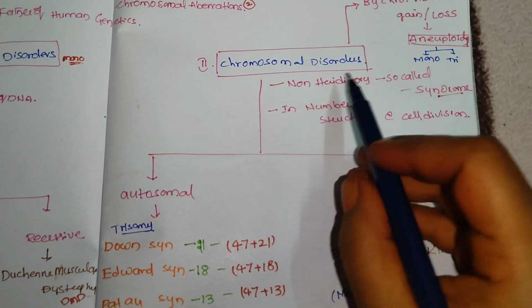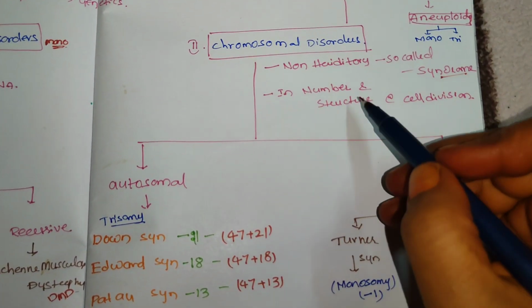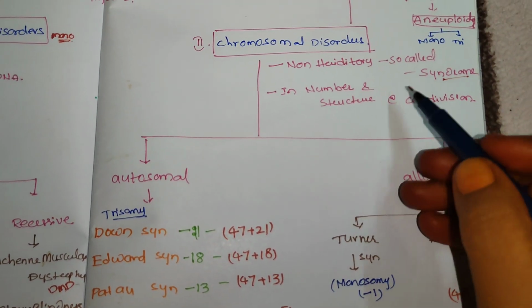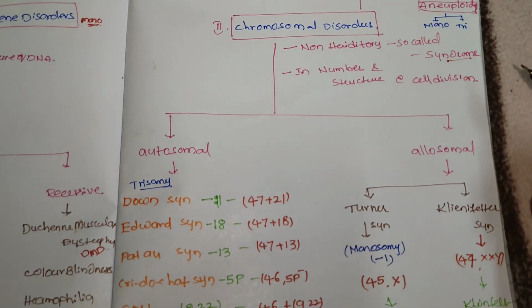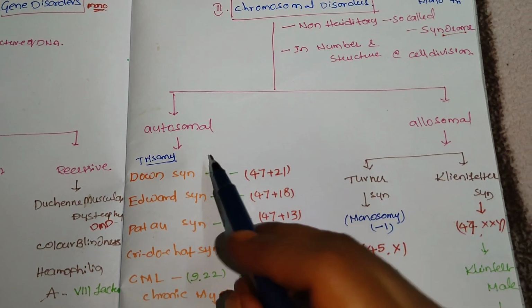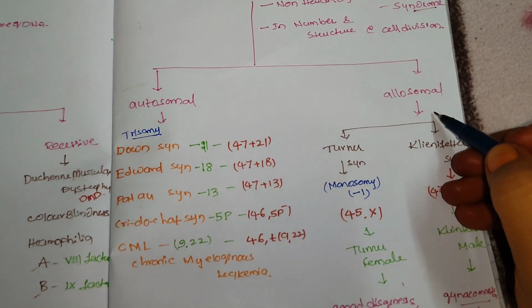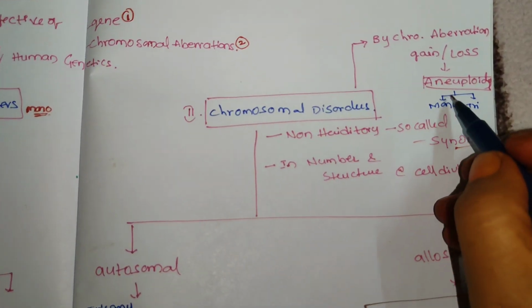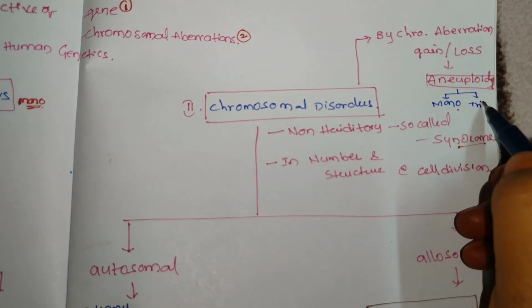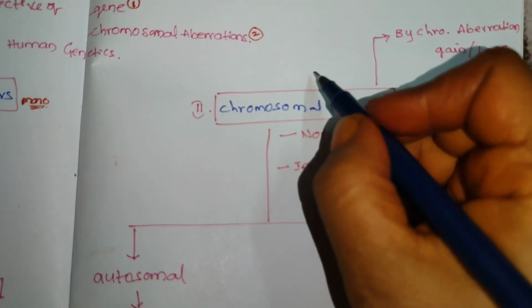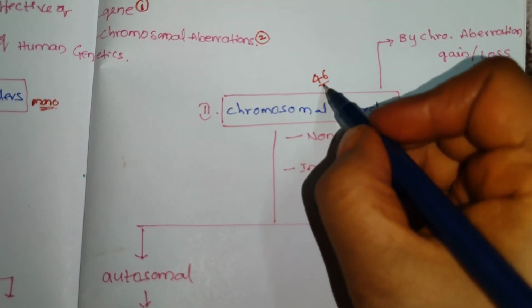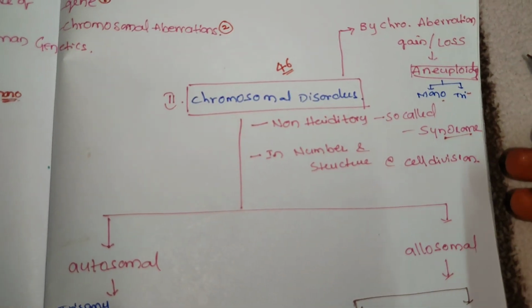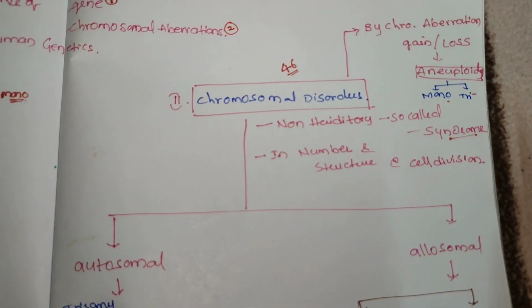In chromosomal disorders we have two types of conditions: chromosome number changes or structure changes at the time of cell division. Again, there are autosomal disorders and allosomal disorders. In autosomal disorders we have aneuploidy. For example, we have a total of 46 chromosomes. If chromosomes are added or deleted, disorders will occur.